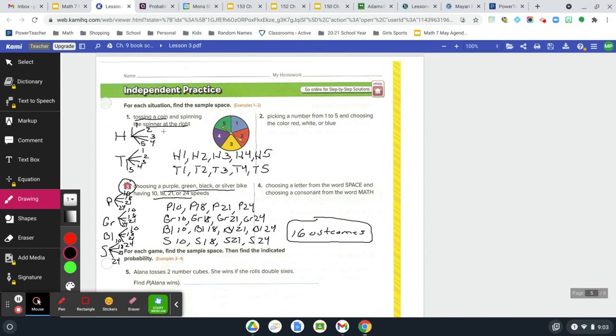So there's 5 possibilities here with heads in the spinner, 5 possibilities here with tails in the spinner, for a total of 10 outcomes here in number 1. 10. Okay.